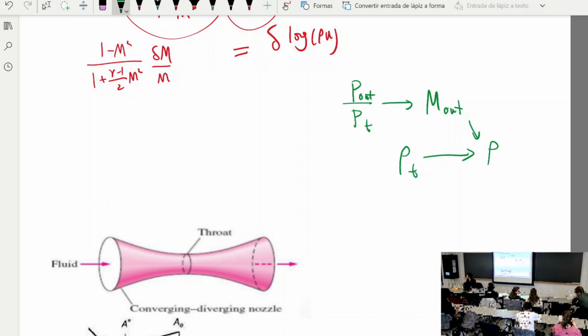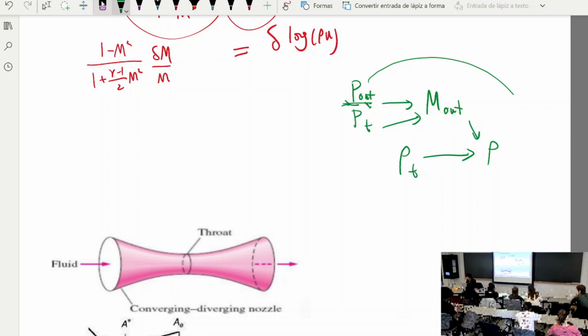If you have both P outlet and PT outlet, you have this.